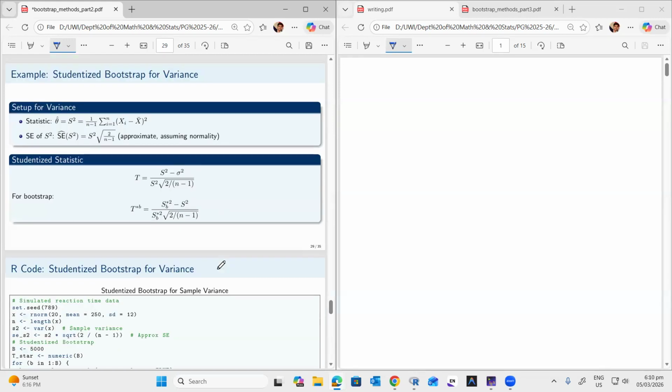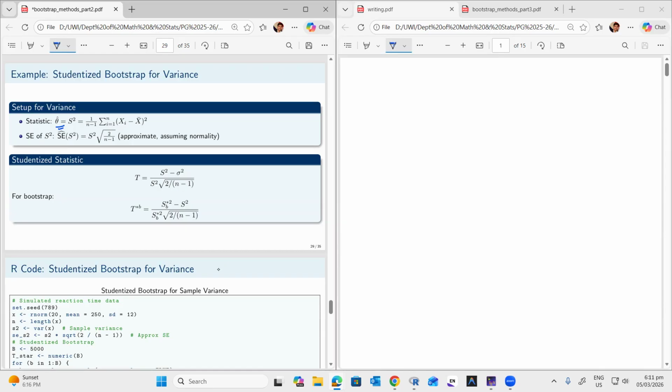After that we compute the studentized t statistic, that is t equals s square minus sigma square upon s square into square root of 2 upon n minus 1. After bootstrapping, after doing the resampling again and again from the given theta cap, we find the studentized t statistic again and again for each sample.